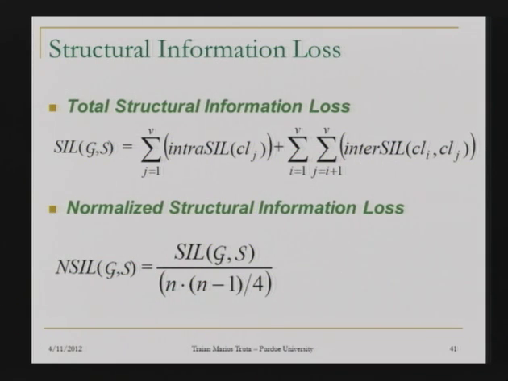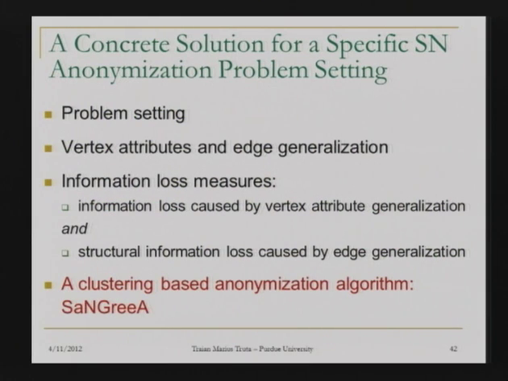Now, why did we come up with this normalized structural information loss? We just wanted to bring it to between 0 and 1, and the maximum number is computed as n times n minus 1 over 4, so we bring it to 0 and 1. Now, in order to find a solution to our problem, we needed an algorithm, and the algorithm, unfortunately, is not an optimal algorithm, it's a heuristic algorithm.